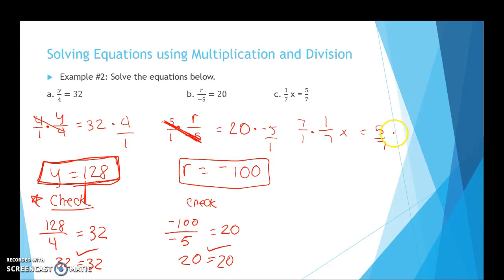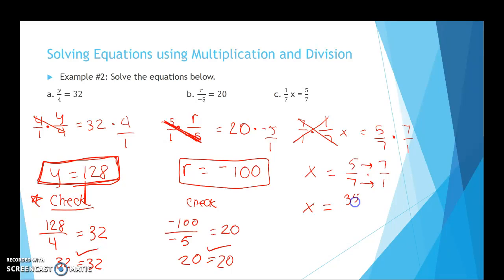Whatever I do to the one side, I have to do to the other. So multiply the right side by 7 over 1. On the left, 1/7 now cancels, so I have x equals 5/7 times 7 over 1.